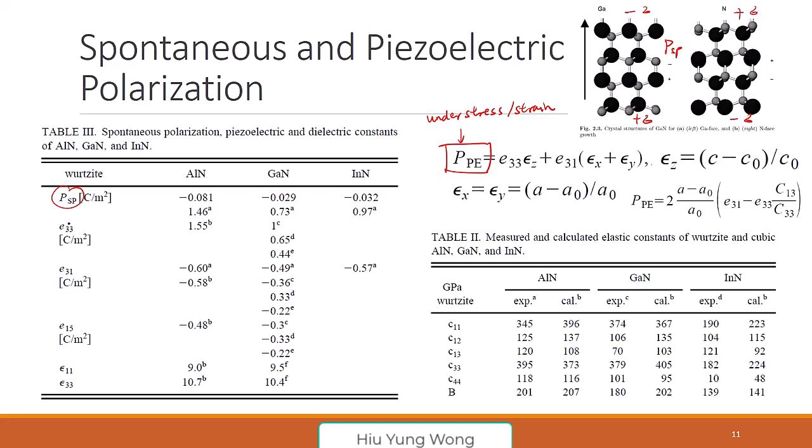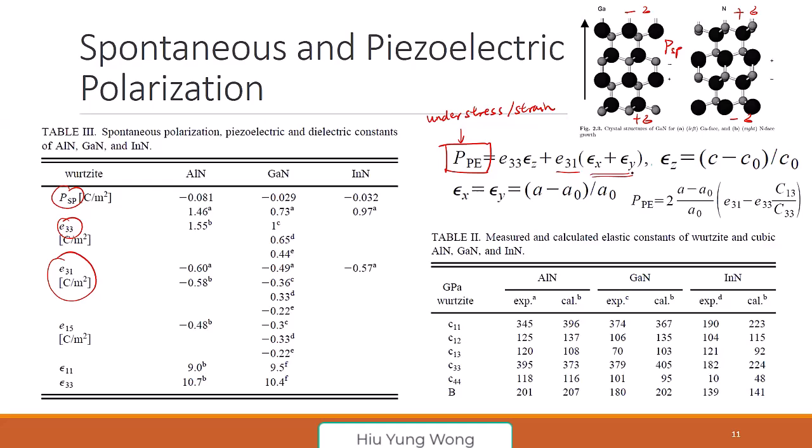You have so-called E33. This is called the piezoelectric constant. It relates your strain in the z direction to how much piezoelectric effect you have. E31 relates how the strain in the xy direction is going to change your polarization. Or just an equation, take it for granted.